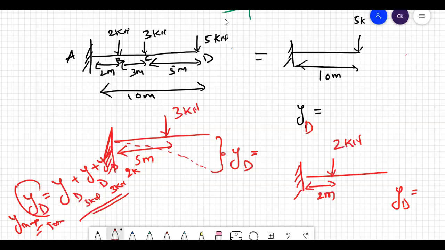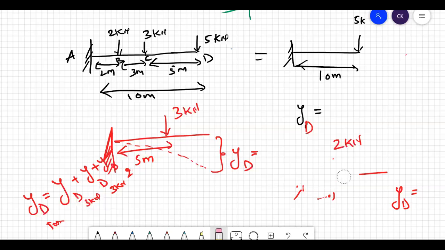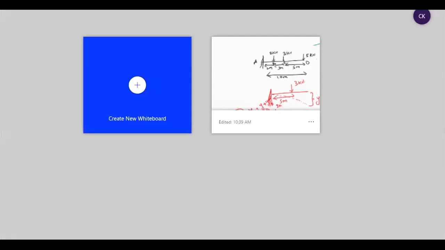Therefore, we need to write the equation like this. Directly we can find the value by using the formulas. If you learn the formulas by heart, you can use that formula and find the value.